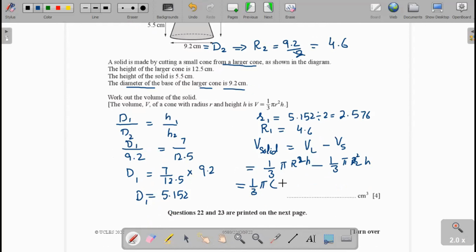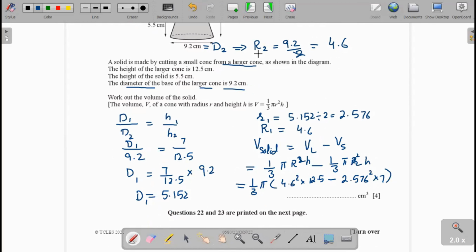R square, R is the radius of the larger cone which is 4.6 square, height is 12.5, and small r square is 2.576 square into height 7.